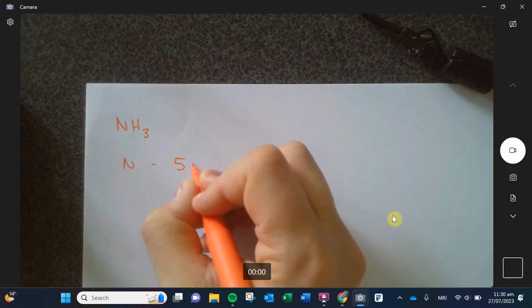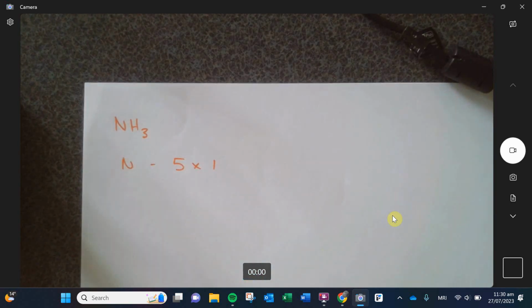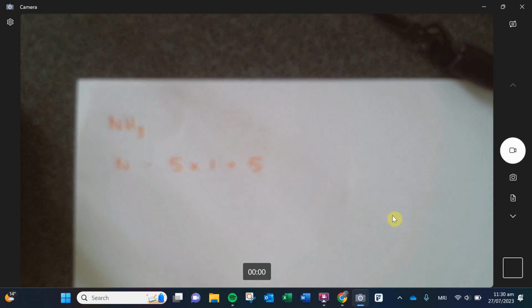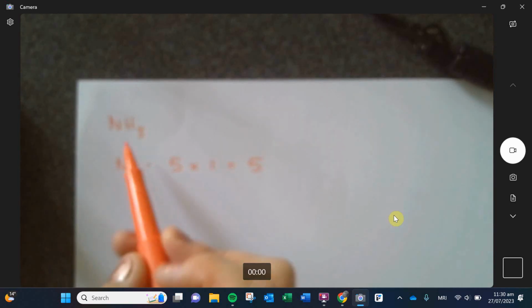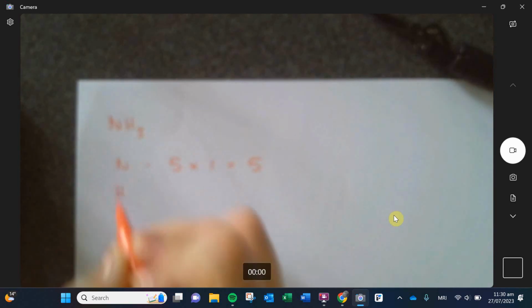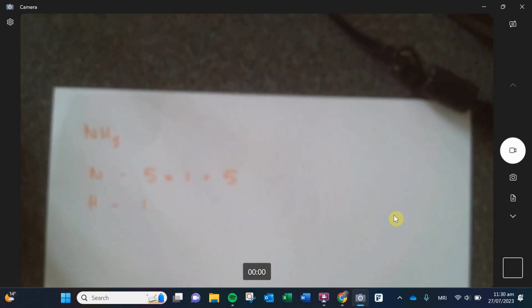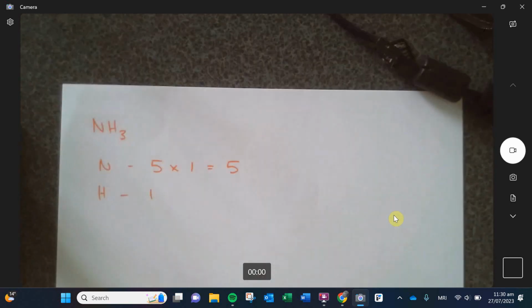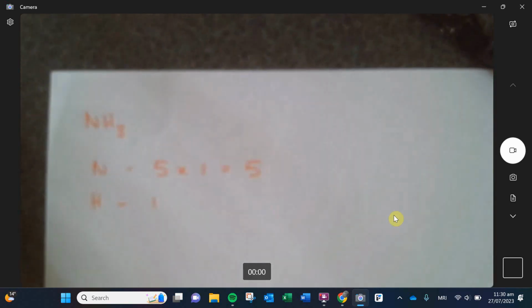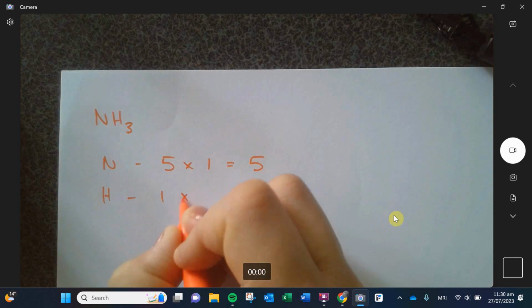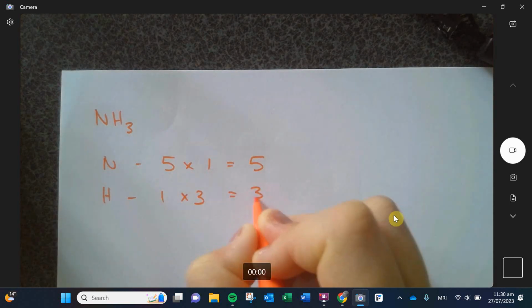There's only one of those atoms, so 5 electrons are coming from the nitrogen. The hydrogen has 1 valence electron, being in group 1. We have 3 atoms of hydrogen, so we multiply that by 3, giving me a total of 3 there.